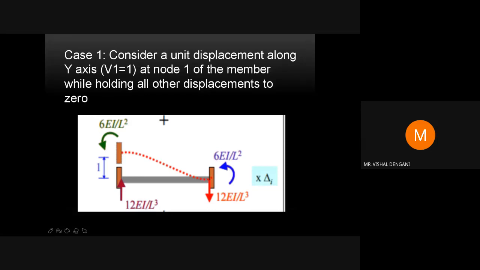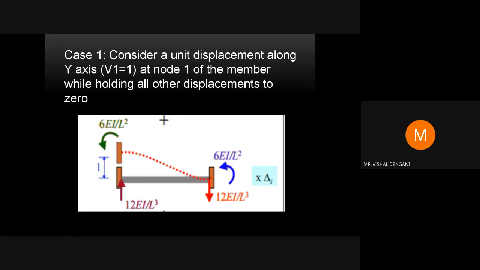Here in this figure you can see that the stiffness developed at both ends of the member in the anti-clockwise direction is 6EI/L². This you can show in the force displacement relationship also.